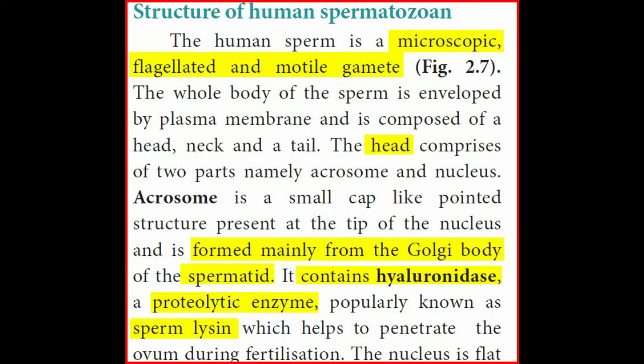Acrosome. The acrosome is a cap-like pointed structure. It is present at the tip of the nucleus in the head region. It is derived from the Golgi body of the spermatid. One word question: it is derived from the Golgi body of the spermatid.